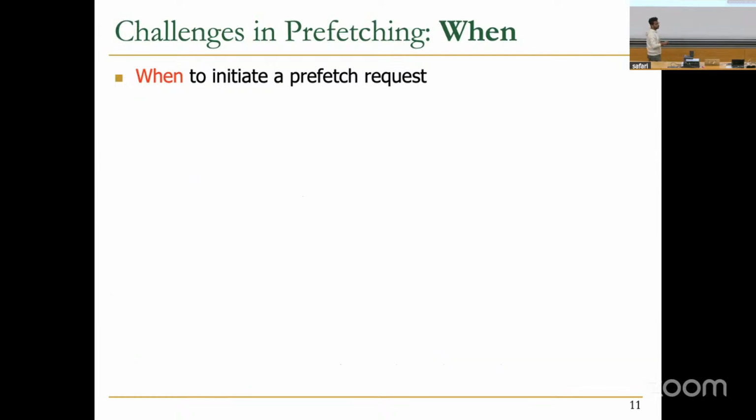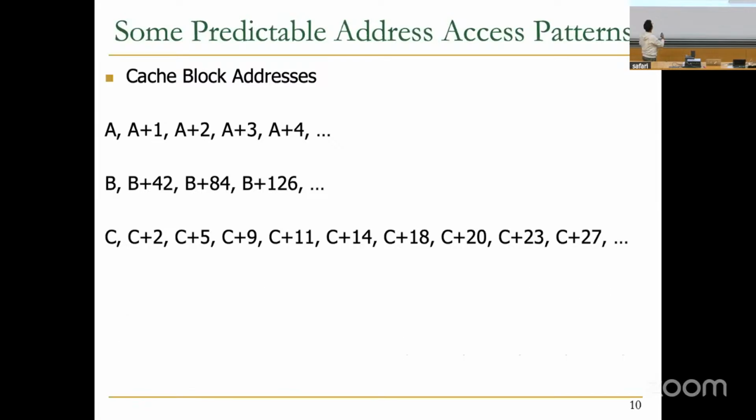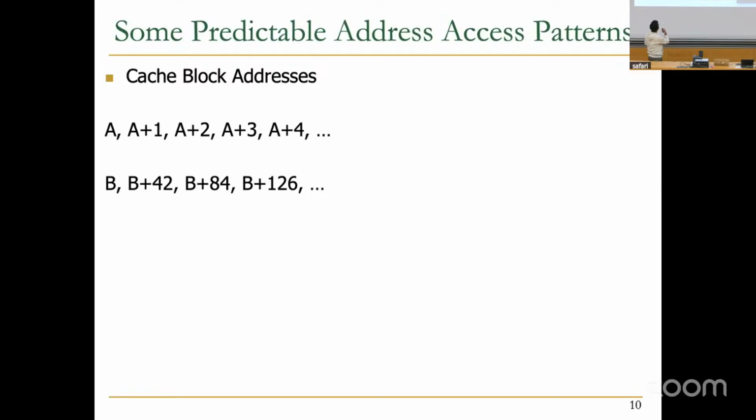If I go to the previous example, you see there is a pattern going on for B, like plus 42, plus 42, plus 42. If your program is accessing B, you can prefetch B plus 42, but then you would easily argue that by the time B plus 42 is demanded by the program, it won't have arrived in the cache, so it might not be useful. So you can say, I'm going to go aggressive.